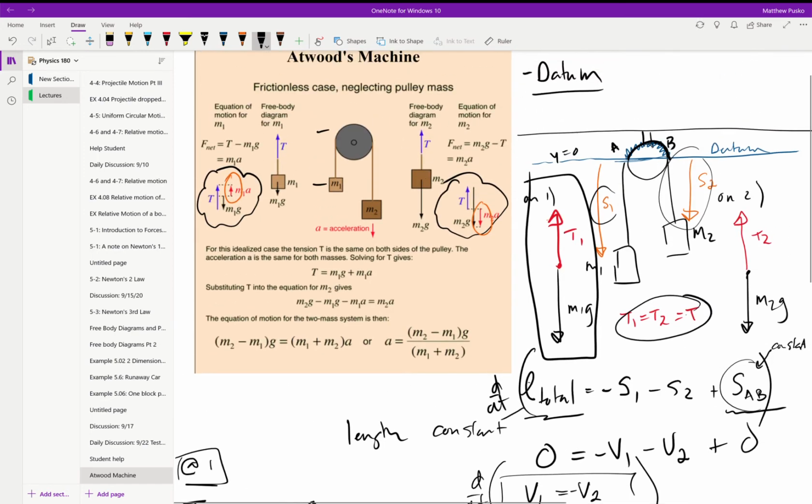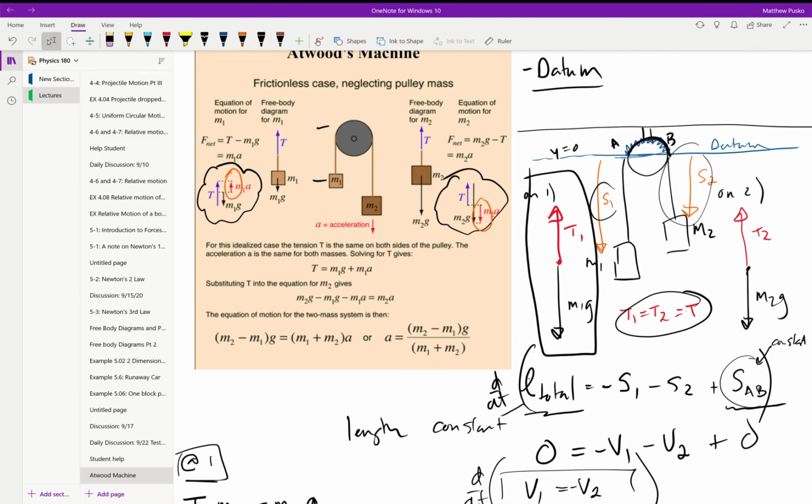Now, the problems in our textbook will typically say, well, look, they're saying the acceleration is that way. They're assuming it. Yes, intuition has built your brain up to the point where you know that when one goes up, the other goes down, and that they're going to have equal but opposite accelerations. But what if we had a different pulley configuration?